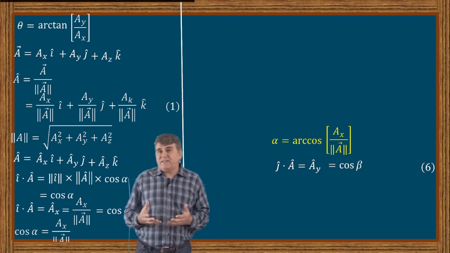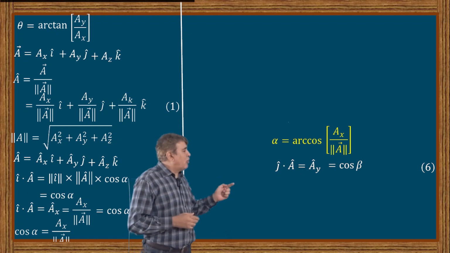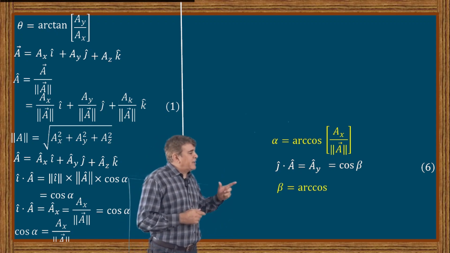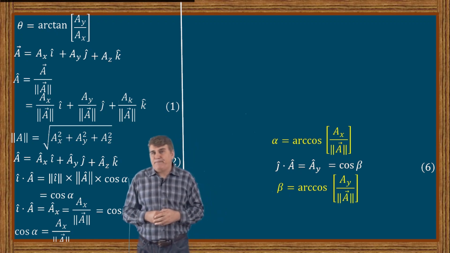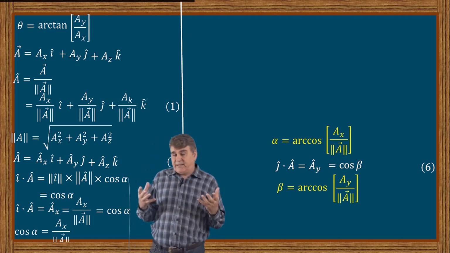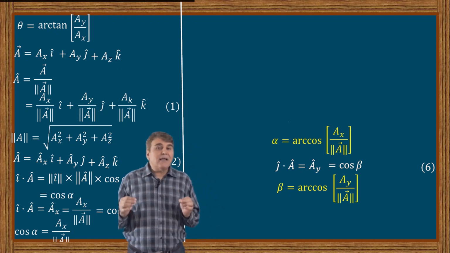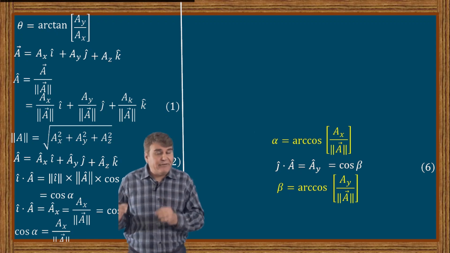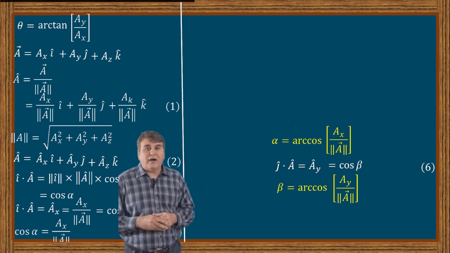And from this I can straight away construct beta equals arc cos, and in the argument a sub y divided by the norm of vector A. So the angle along y-axis of the unit vector A, or of vector A, is known to us as well.